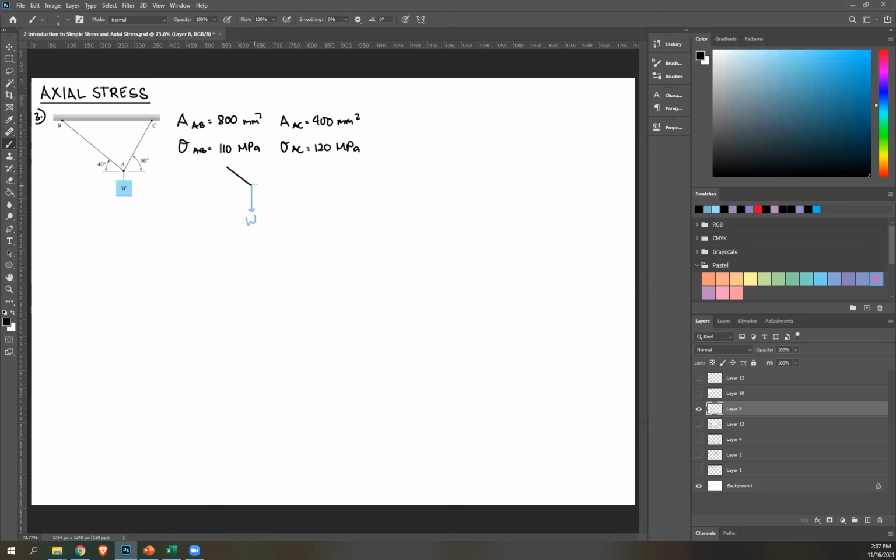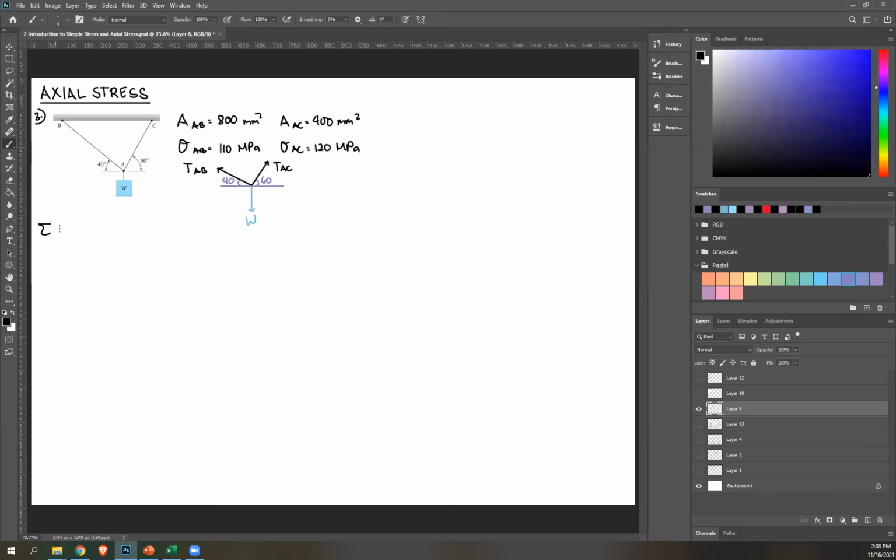Remember, cables are always in tension, always pulling away. Let's call these tension AB and tension AC, and you have your angles: this is 40, this is 60. This is your free body diagram upon which we will base our equations.